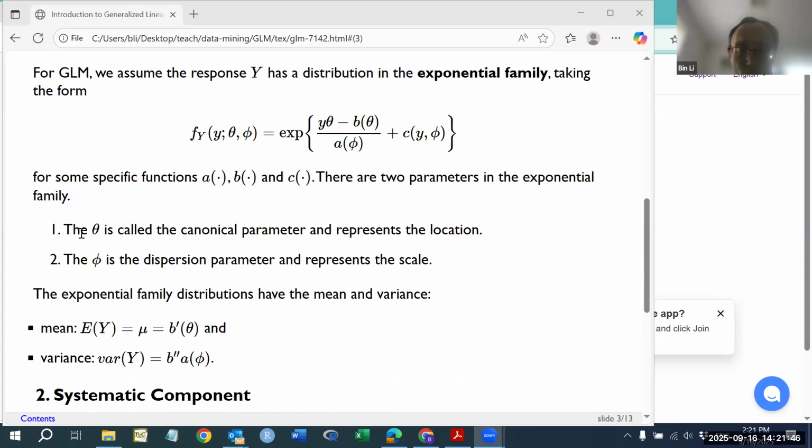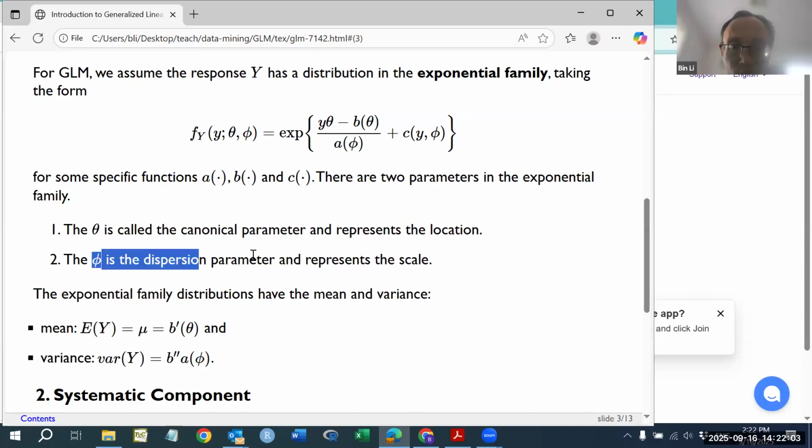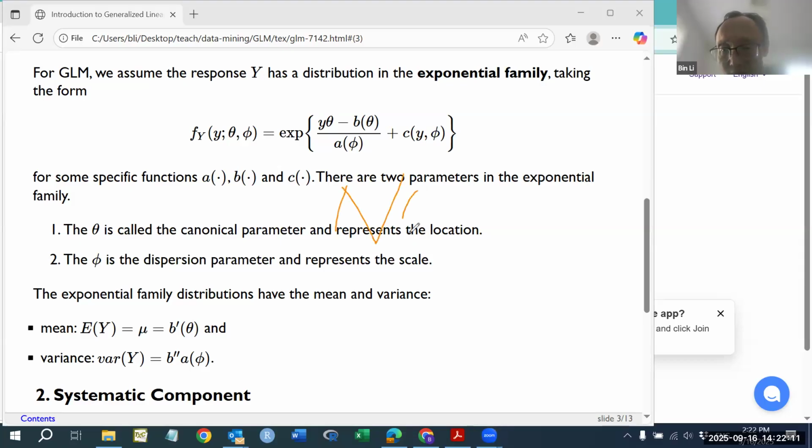There are also two parameters, theta and psi. Theta is called the canonical parameter that represents the location of the distribution, and psi is the dispersion parameter that represents the scale. Just think about a normal distribution, which I think you should know. It has two parameters: mu, the mean, and the variance, sigma squared.